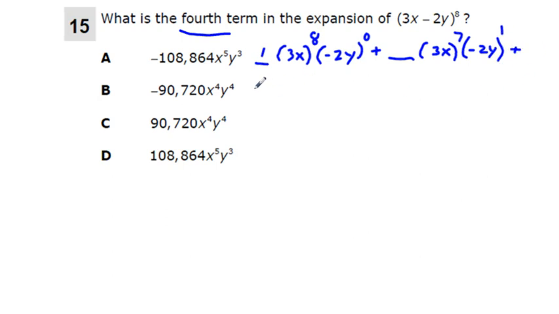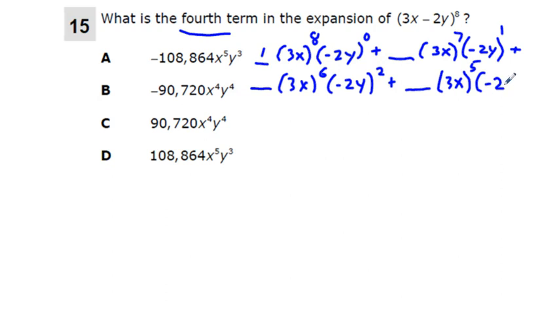Our third term is going to be some coefficient times 3x to the 6th power times negative 2y squared, whoops, I got that wrong, and then we have plus some coefficient, which is going to be 3x to the 5th power and negative 2y to the 3rd power.